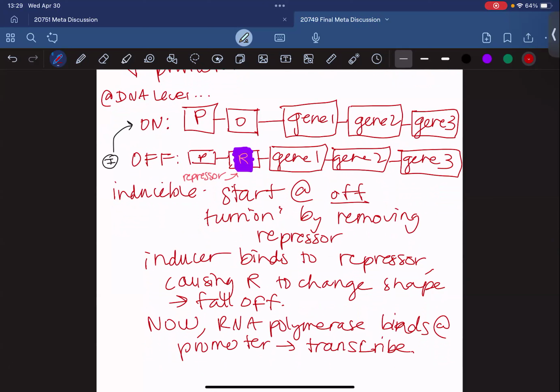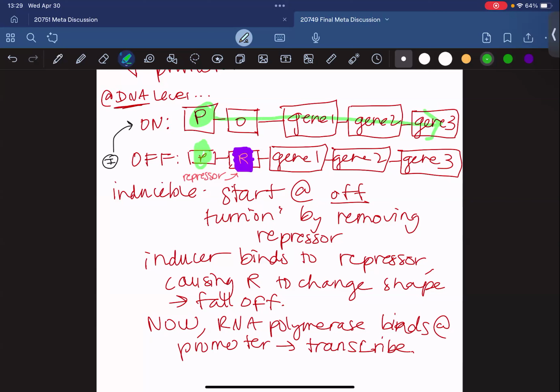You guys remember what transcription is, right? I know I just mentioned it, but just to remind you, transcription is whenever we make RNA from the DNA template. Now we can bind our RNA polymerase, which will bind to the promoter, and it will be able to move through and make the products. The repressor blocks that from happening.